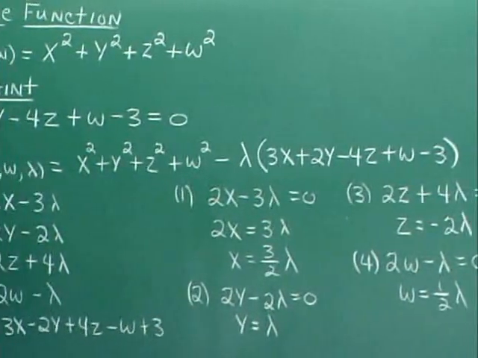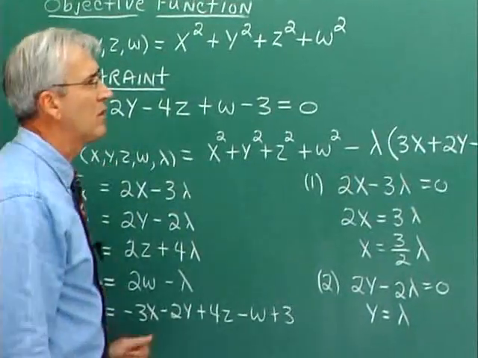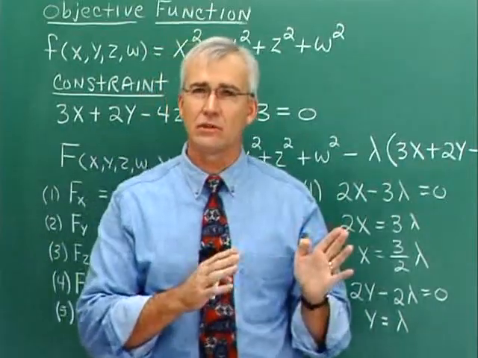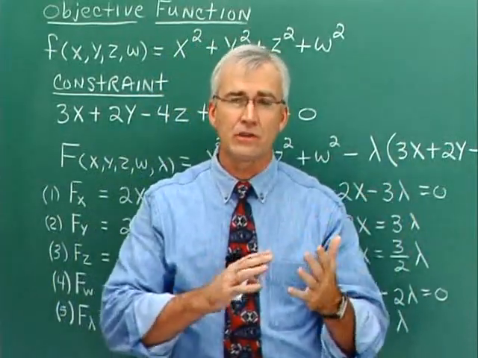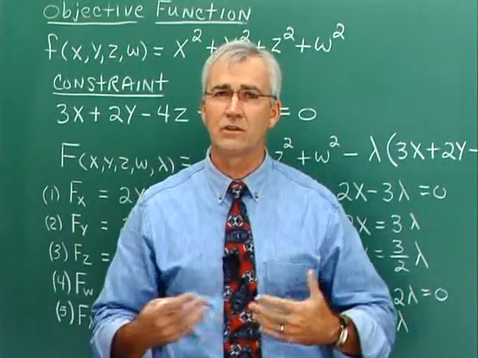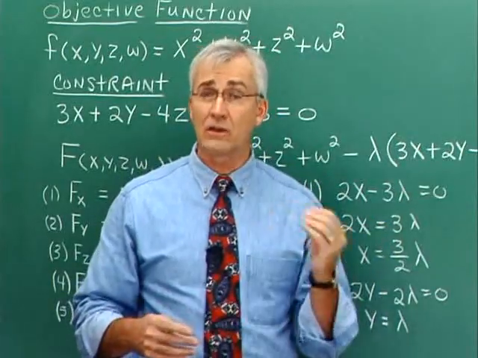Now, by the way, I said that we're going to minimize this function. We don't have a way to tell whether we have a maximum or a minimum, even after we go through this process. The maximization or minimization comes from the context of the problem. Generally, we're told, like in one of the problems before, we were maximizing volume.